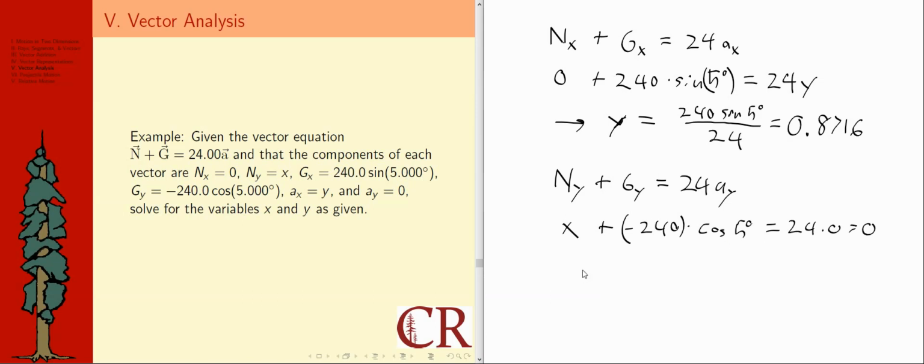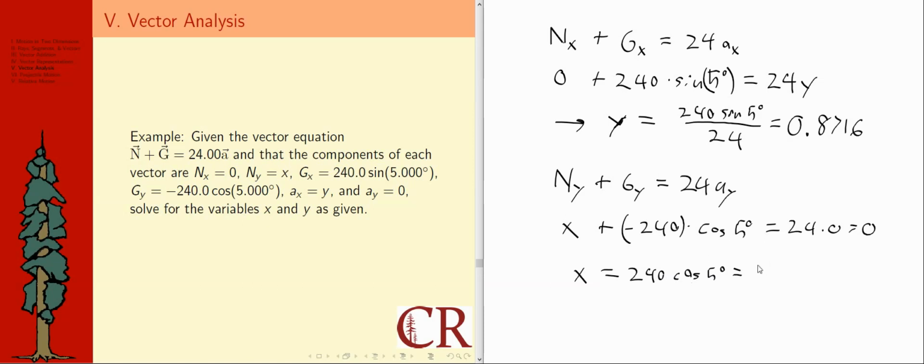So if I want to solve for x, I think all I got to do is add this term to both sides, and I would get x is equal to, since it's a negative term, adding the positive version of it, positive 240 times the cosine of 5 degrees, and that's something I can have my calculator do as well.